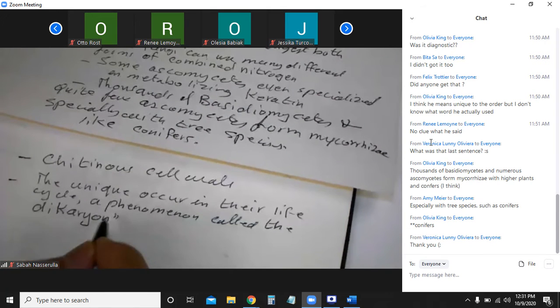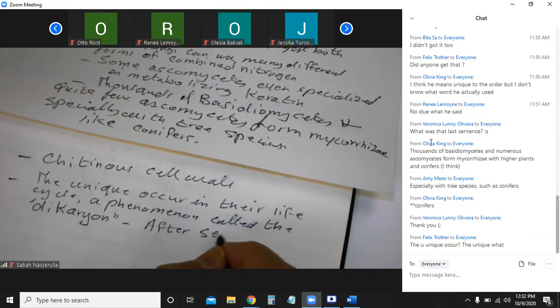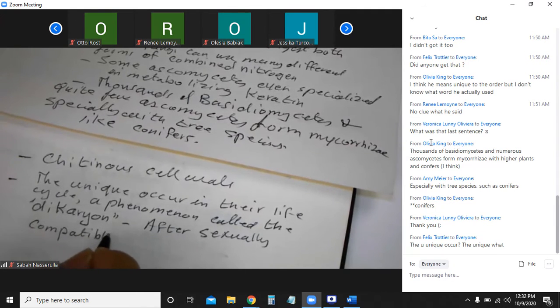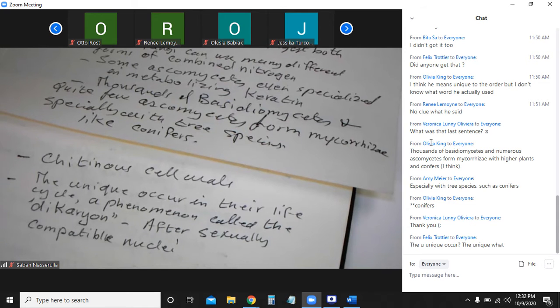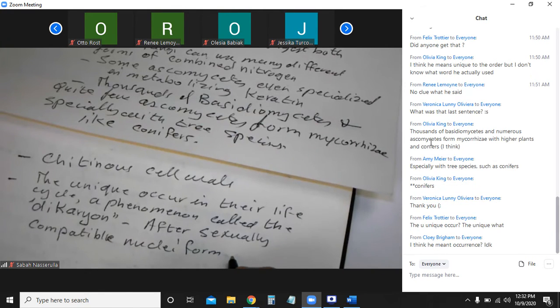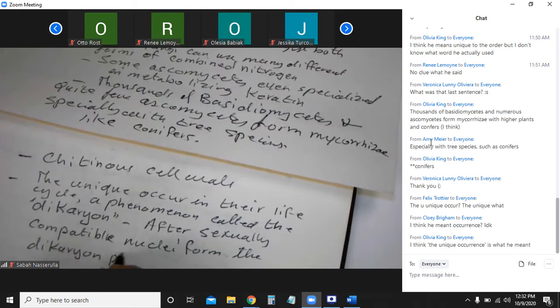As I explained to you, after sexually compatible nuclei pair up, they form the dikaryon stage or dikaryon phase, which is the result of plasmogamy, before the nuclei fuse.